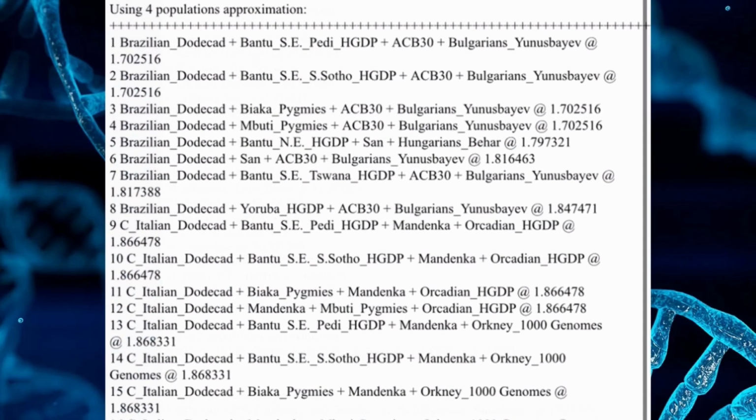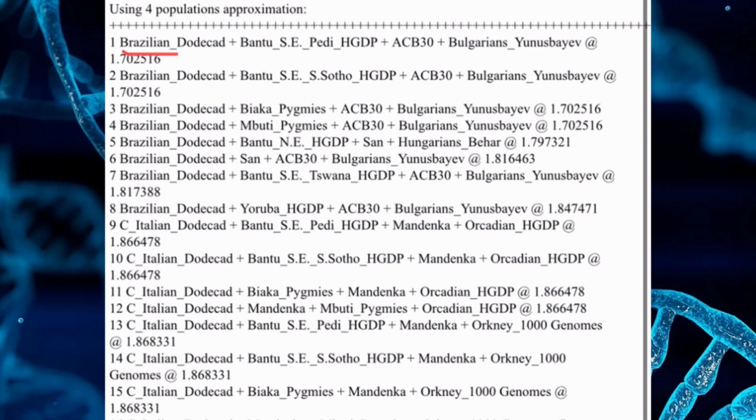And for the 4 population approximation, which would be the equivalent of if all 4 of my grandparents were from 4 different regions, what do my genetics reflect that those regions could be? So we're only going to go over the top one because there's a lot here. There's actually 20, but the writing is so small, I'm showing 15, but we're just going to look at the first one. So my genetics reflect that I would be 25% Brazilian.